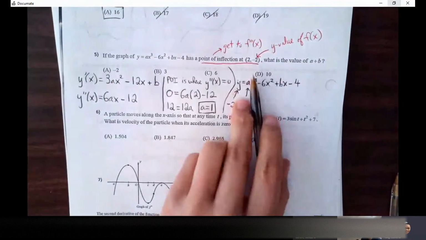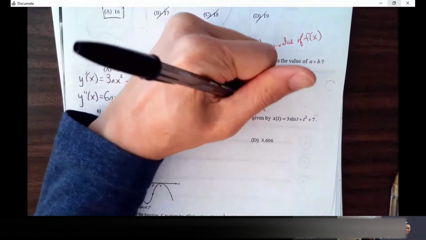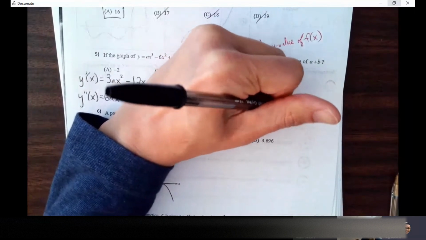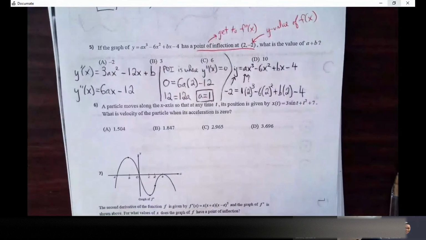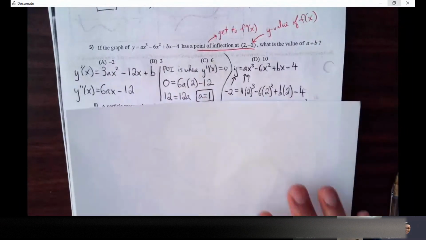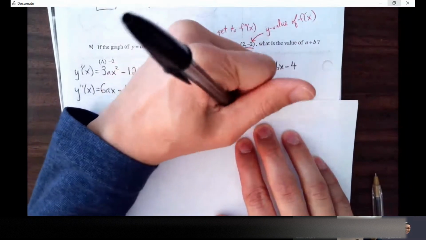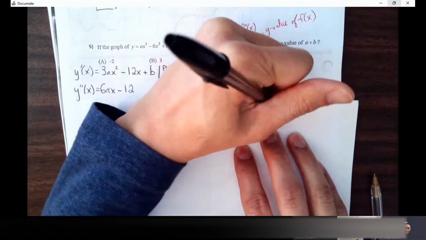X I'll replace with 2. Okay, do some cleanup here. 2 cubed is 8. 6 times 4 is 24.